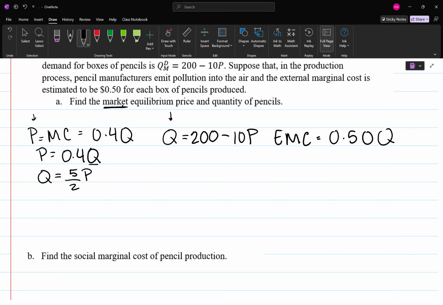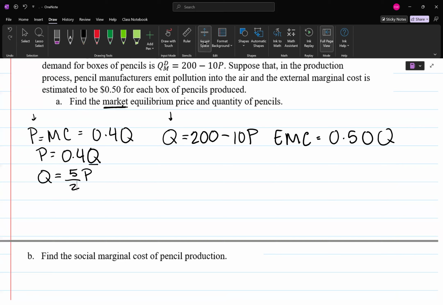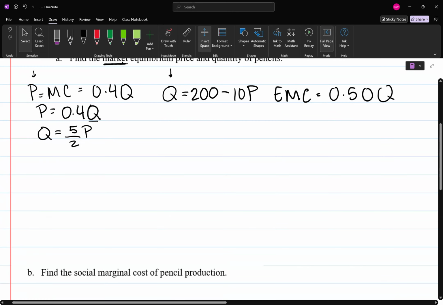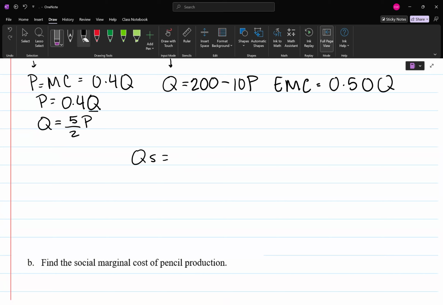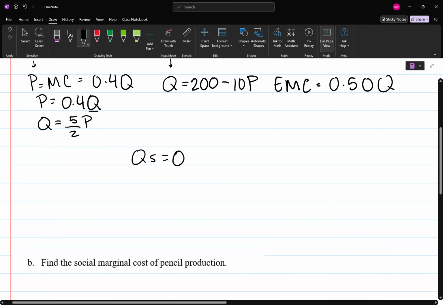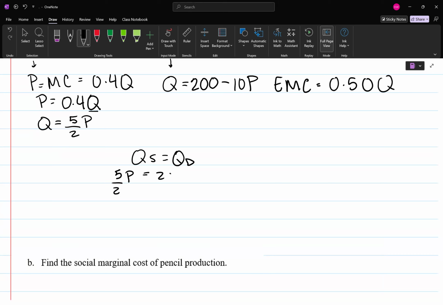And then we'll go ahead and set quantity supplied equal to quantity demanded so that we can find the equilibrium price. That gives us 5/2 times the price equal to 200 minus 10 times the price.